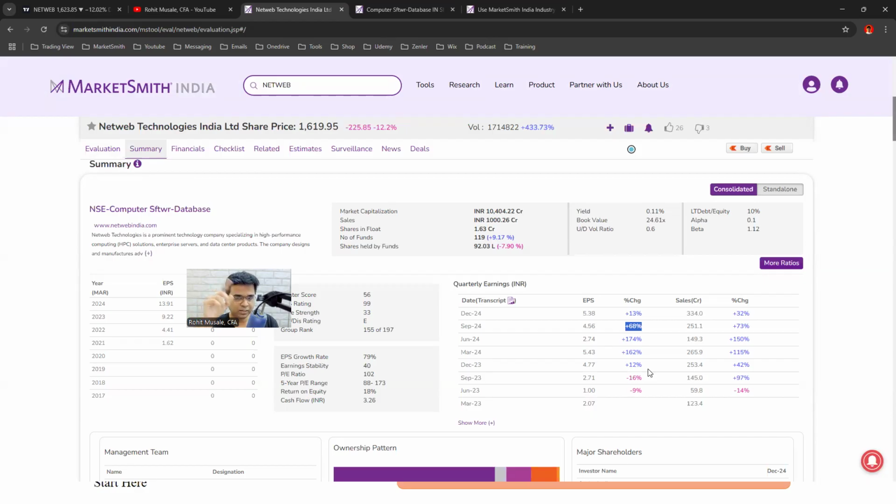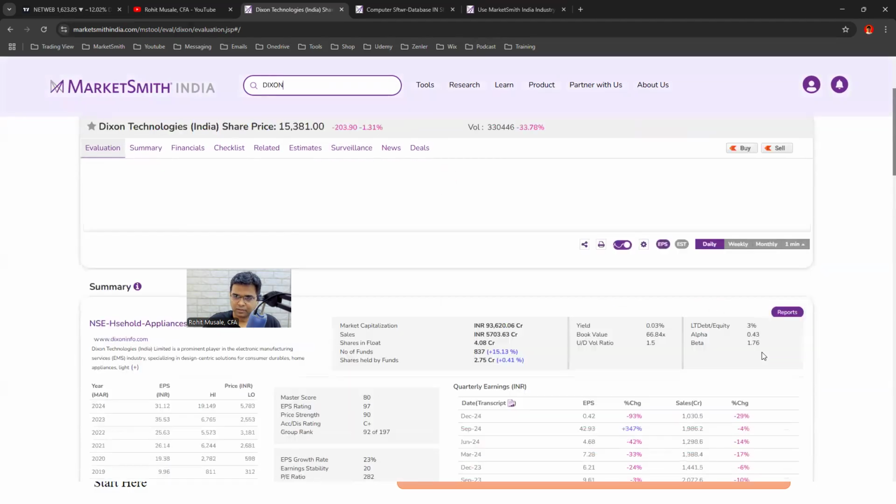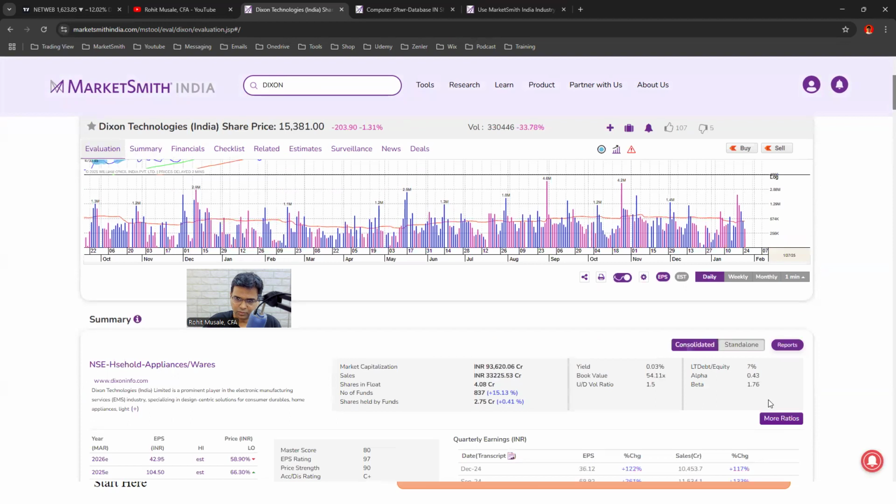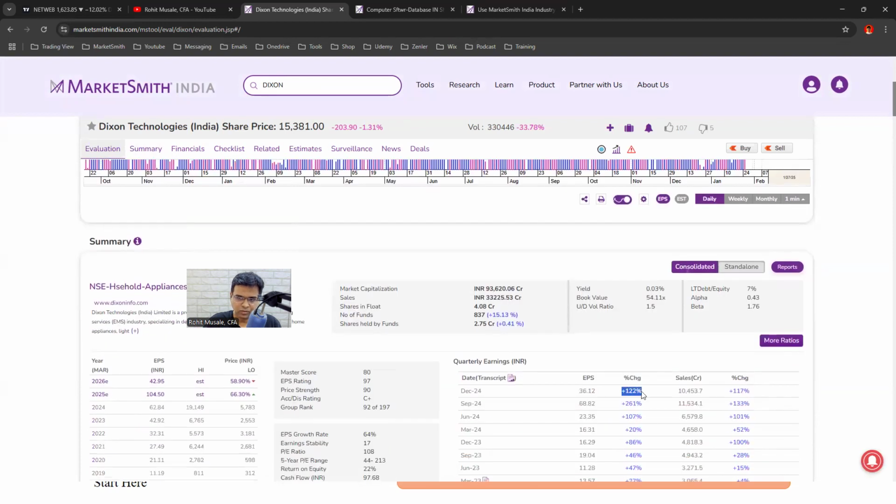Because if you remember, I had spoken to you about Dixon. In Dixon, what had happened is the EPS growth crashed. Although it is 122%, compared to September 2024, it's like a crash. See, the EPS has more than doubled in the December quarter.